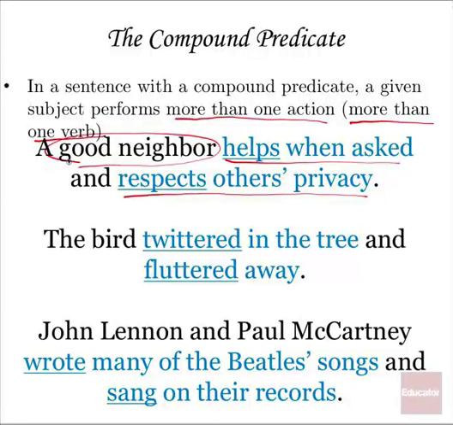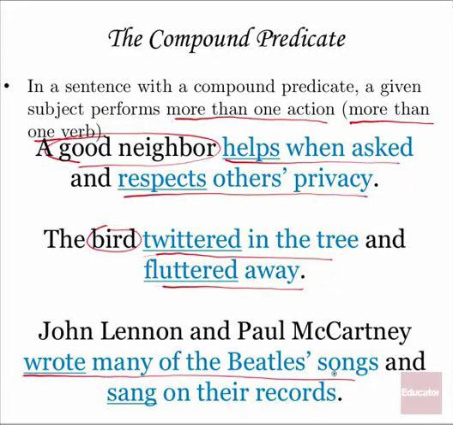All right, the bird twittered in the tree and fluttered away. Two different actions performed by the same subject, bird. John Lennon and Paul McCartney wrote many of the Beatles songs and sang on their records. Once again, you have a compound subject, but also a compound predicate. Two people performing two actions together.